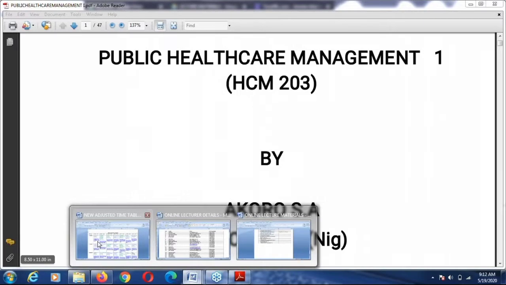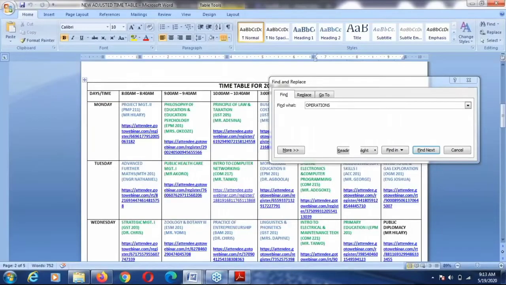So when it comes to transmission-based precaution, this is where you want to begin to talk about isolation. You want to begin to talk about isolation because you don't want people to spread the disease. You need to understand this area very well. This is where isolation comes in.